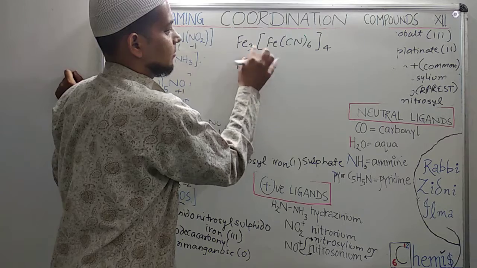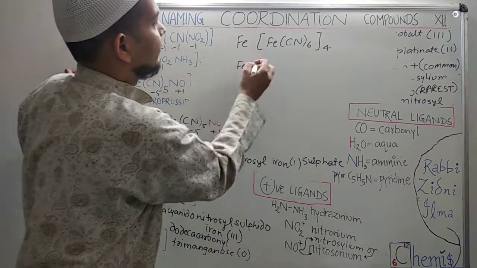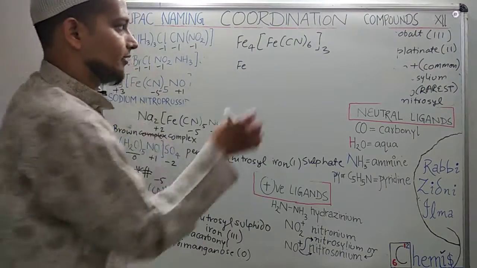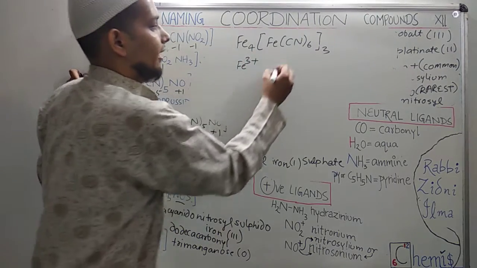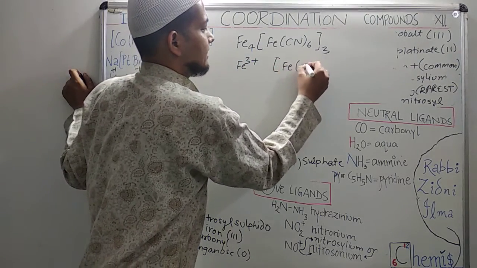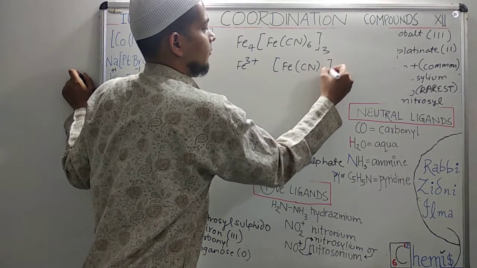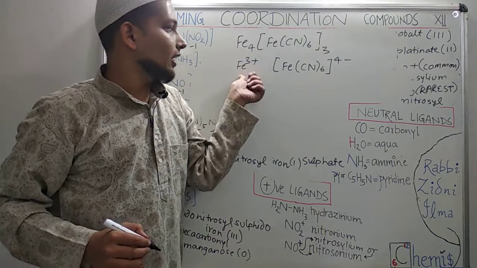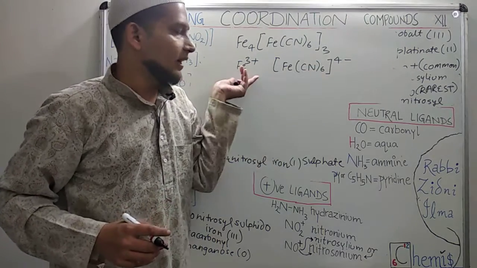It will be Fe4, and from here it will be Fe3. Now look here, it will be Fe3+ and [Fe(CN)6]4-. The basic cross multiplication, so that we get the charges on each of the respective atom or the coordination sphere.